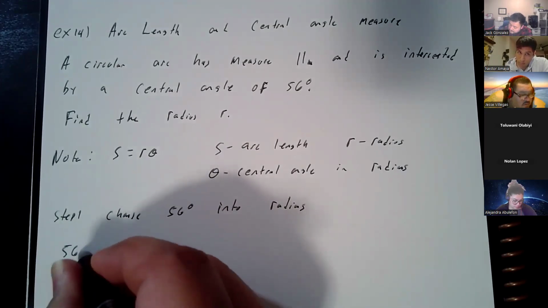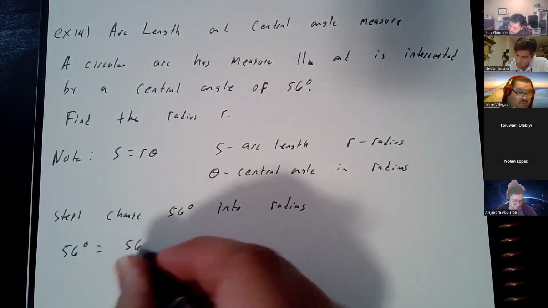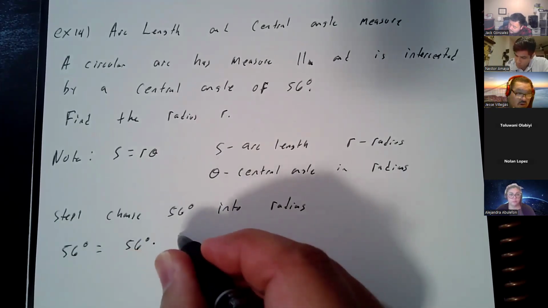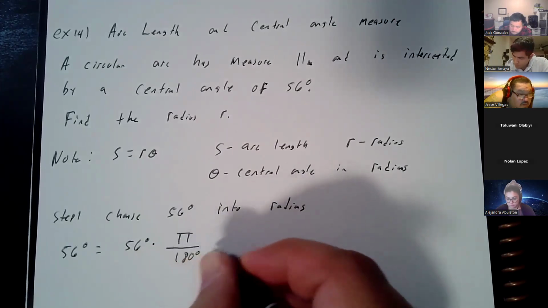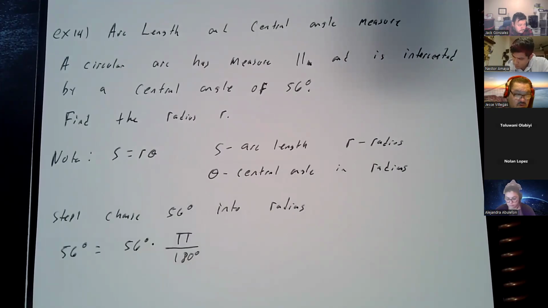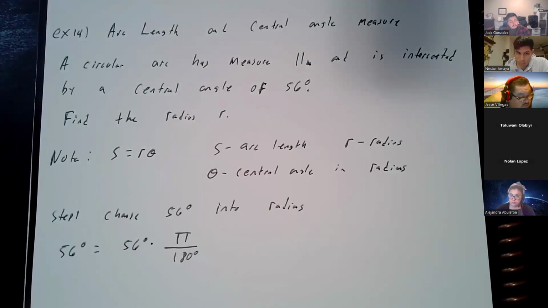So 56 degrees would be equal to 56 degrees times pi over 180. You can reduce it a little bit. They're both even, right? 2 goes into both? 4 goes into both, right?